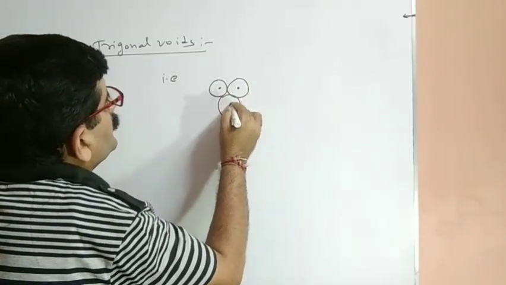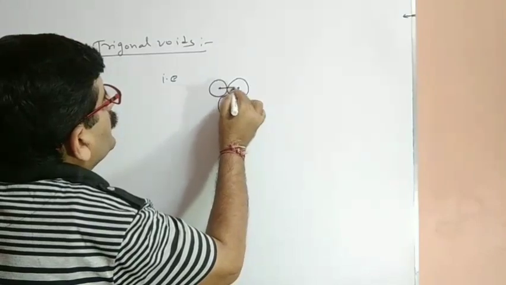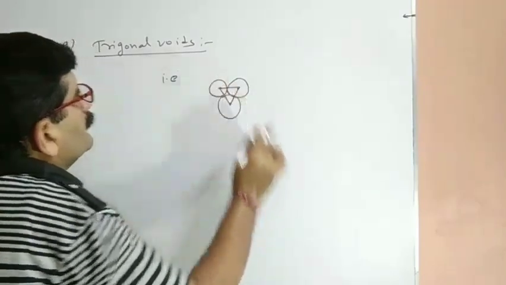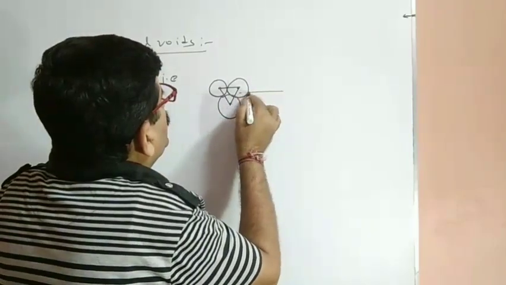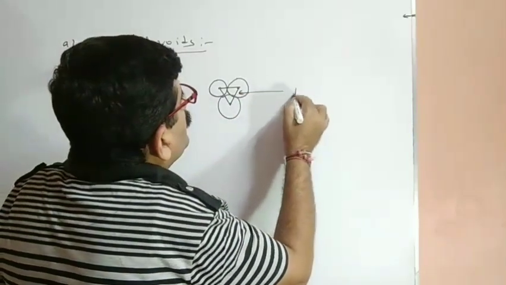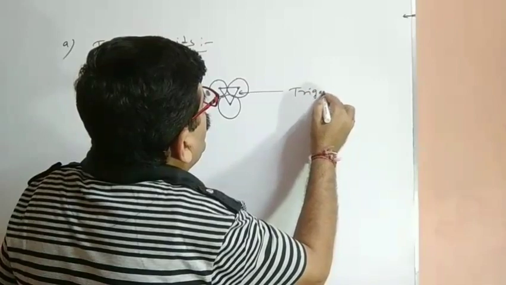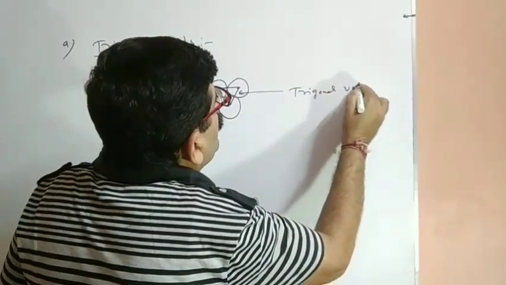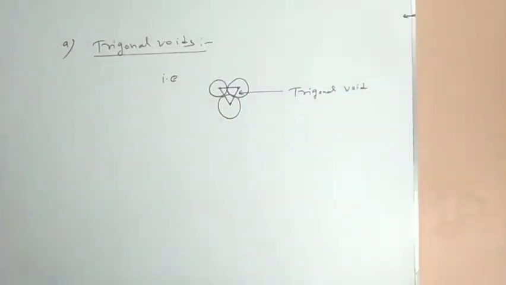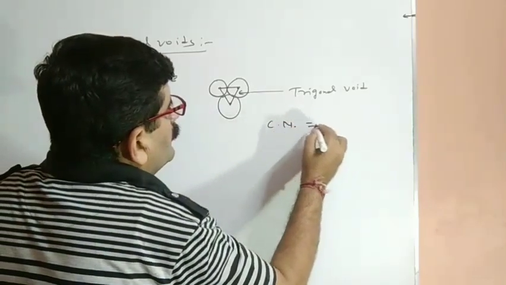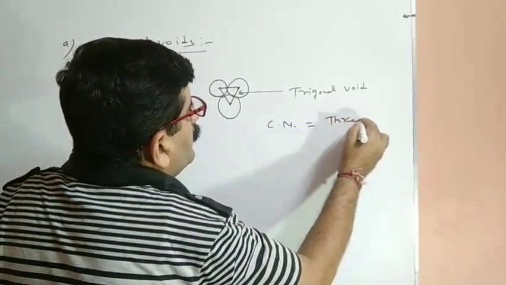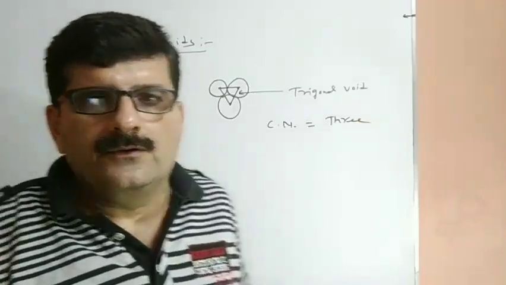Suppose we combine all three centers, a void is obtained known as what? Trigonal void. The coordination number for such type of voids is equal to 3.